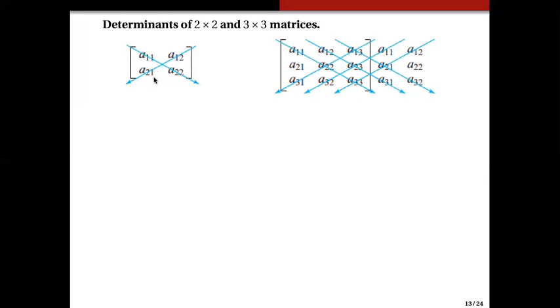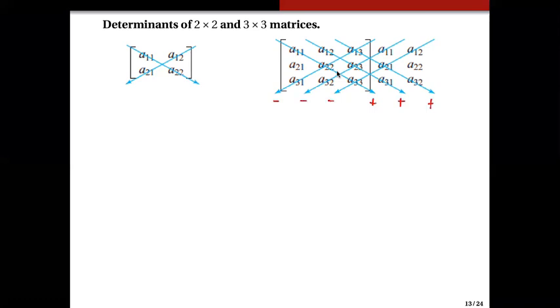If your arrow is going down to the right, you just take the product, or multiply it by positive 1. When your arrow is going down to the left, you multiply the product by negative 1. And then you add all of them. The same is true with the 3 by 3 matrices. Here you will have plus here, plus here, plus here, while for the other ones, you have minus, minus, minus.